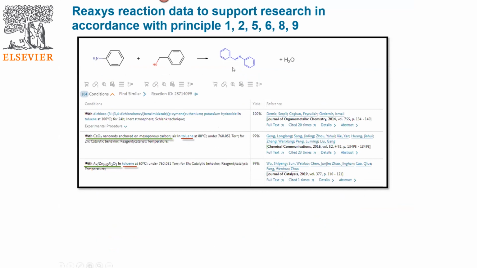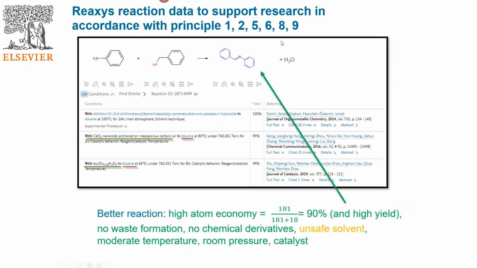So if we browse reactions, we can try to find something greener. For example, this reaction. Why is this one greener? Because from the viewpoint of atom efficiency, there is almost no waste, just water, and atom efficiency is quite high, 90%. And it's not only a very high atom efficiency, but also you can see that the yield is very high.